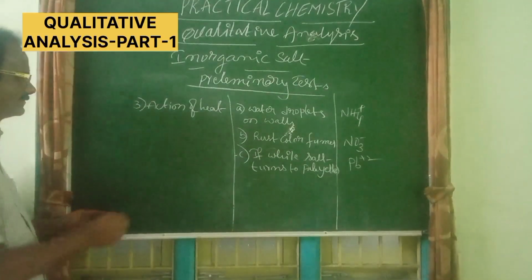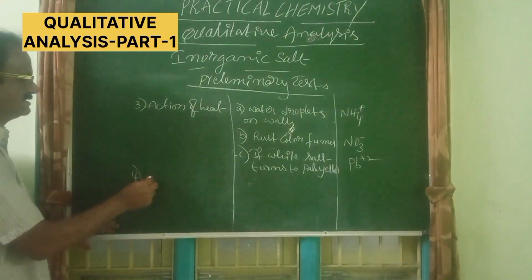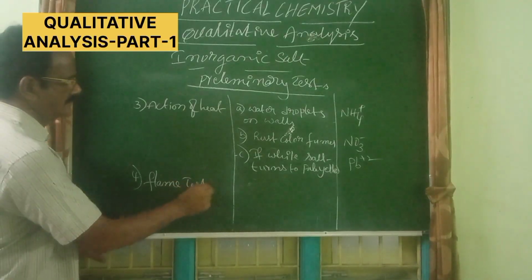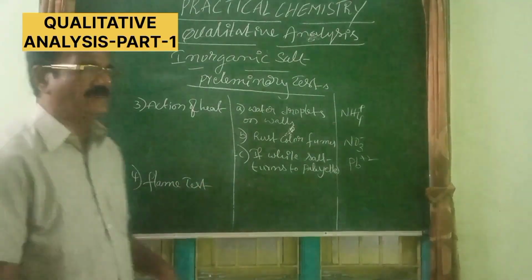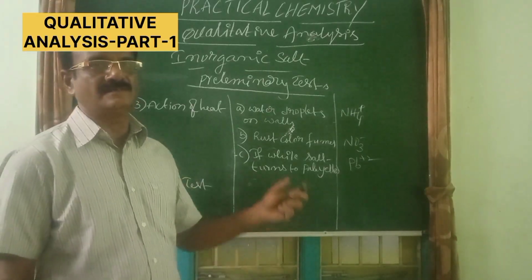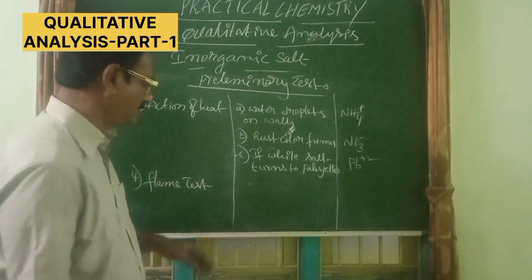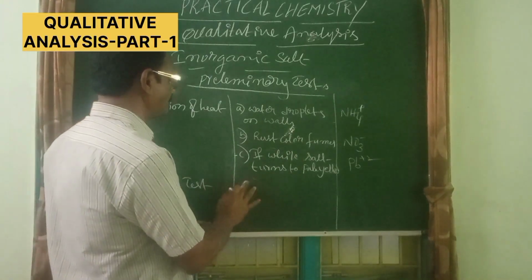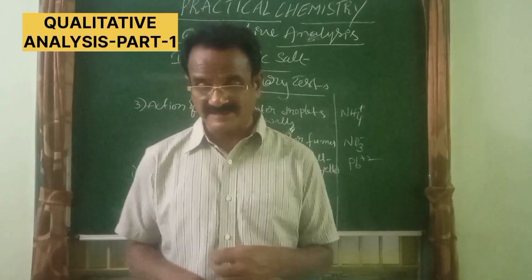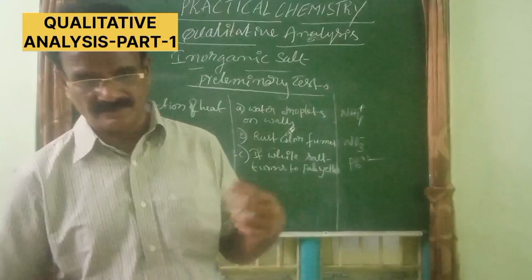See here, the fourth preliminary test is flame test. In the flame test, there are the following observations. Let us see how this test has to be done by the analyst.